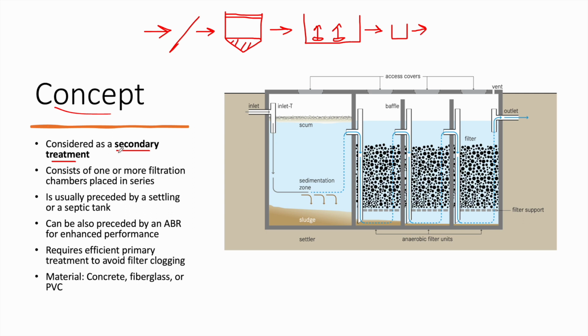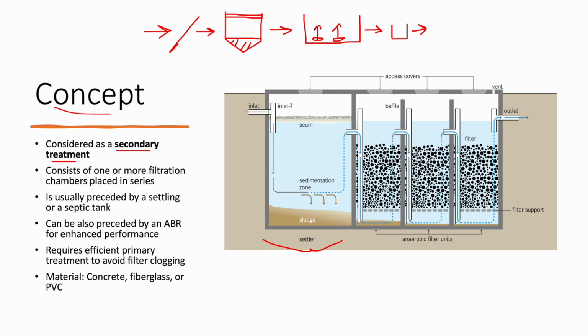So an anaerobic filter comes after the primary treatment, and the main purpose of this anaerobic filter is to remove organic matter. It consists of one or more filtration chambers placed in series. As you can see here, we have many chambers and we have a media. So this is the media.